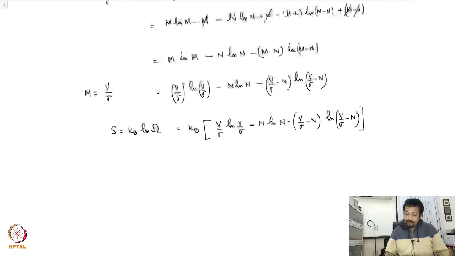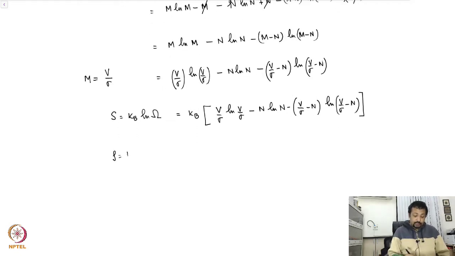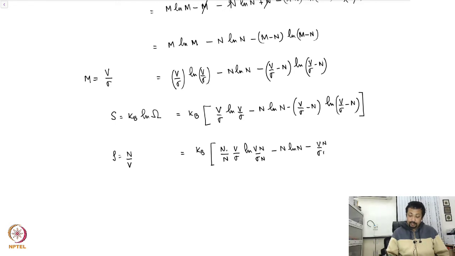Now let's introduce the density. The density rho is n over v, so that I can write this as n times v over sigma n ln v over sigma n, minus n ln n, minus v over sigma n minus n ln v over sigma n minus n, and this becomes Kb.